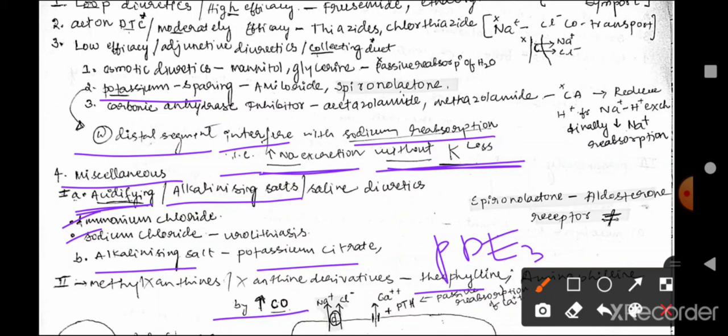Whenever theophylline is introduced in the body, this drug will bind to the phosphodiesterase and help in retaining the cyclic AMP concentration in the system. That will help in the increased cardiac output by aiding the positive inotropic effect of the heart.